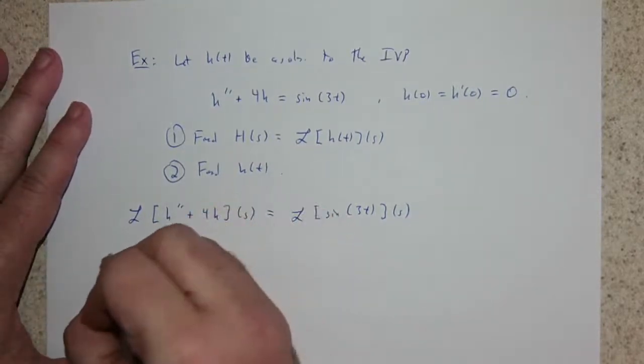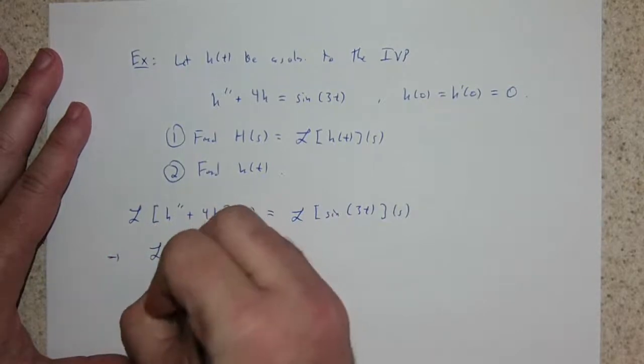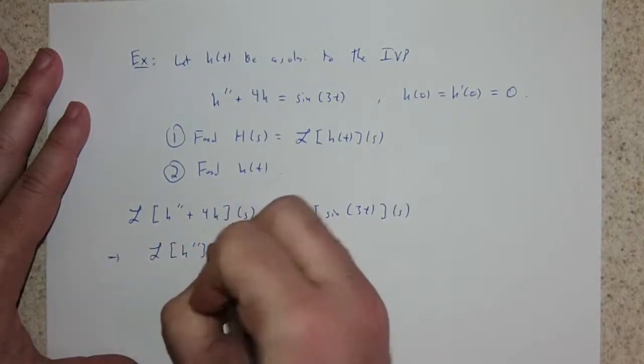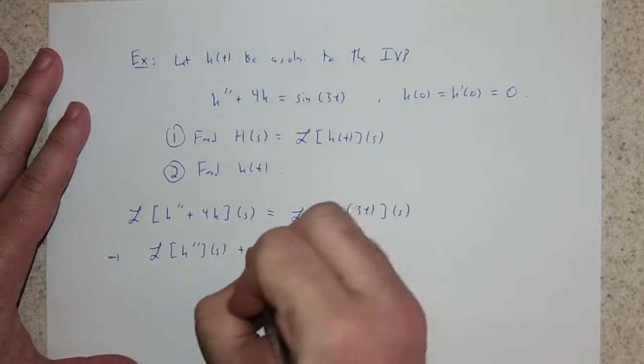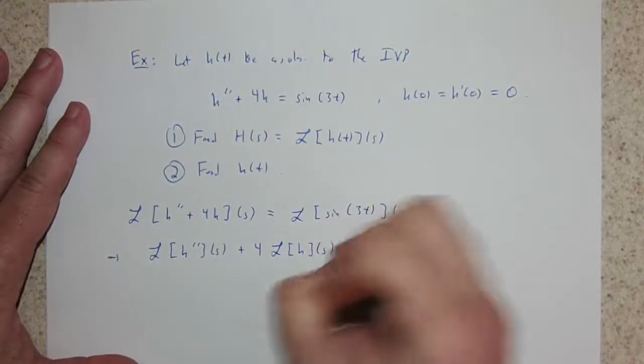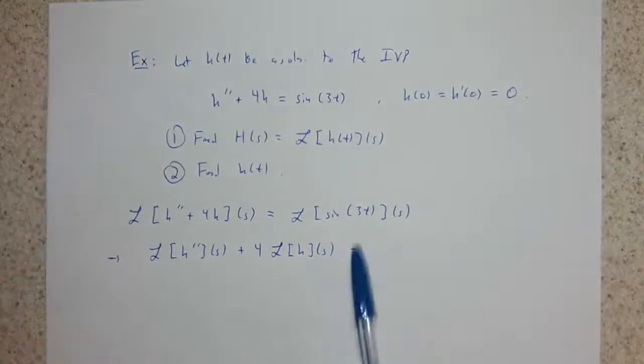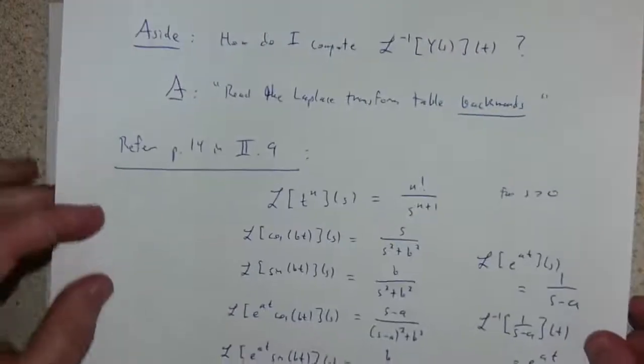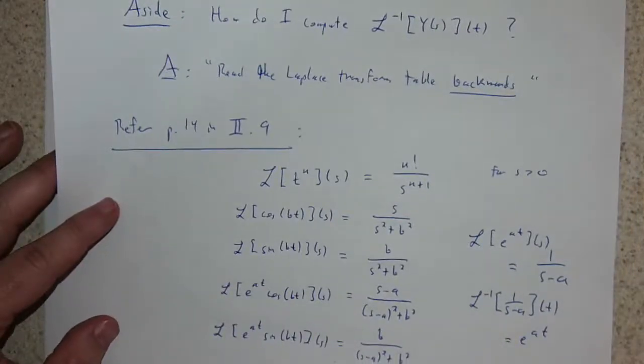So this would be L of h double prime of s plus 4 times L of h of s, and that is equal to, what's the Laplace transform of sine of 3t? We have that in a table, right? So we can look at the full table like was presented on page 14 of that section, or look at this truncated table that I've drawn out here.